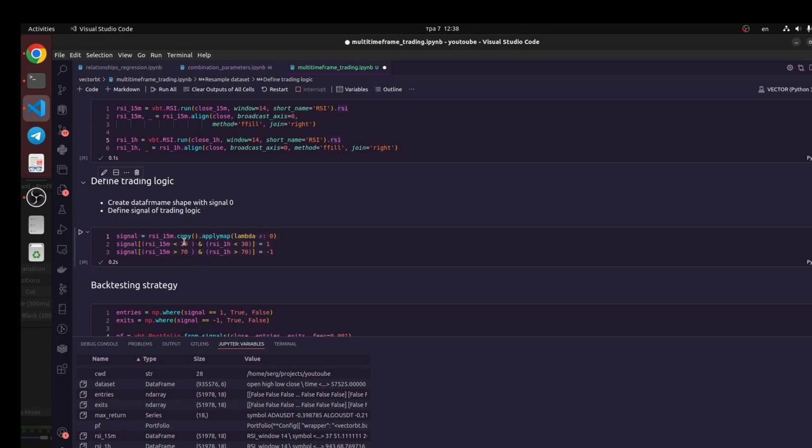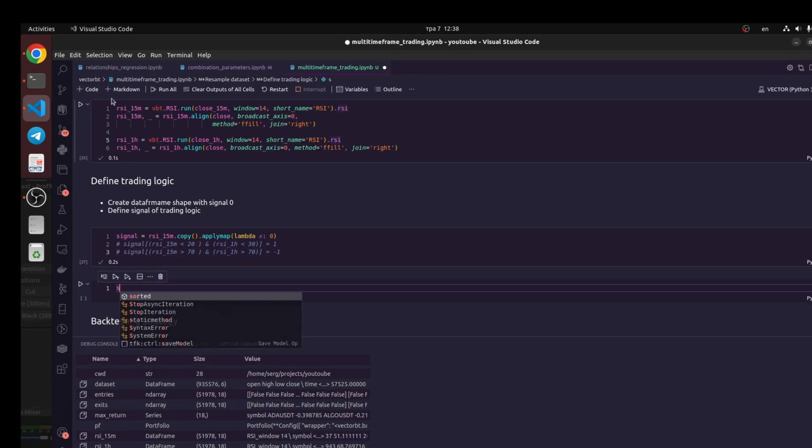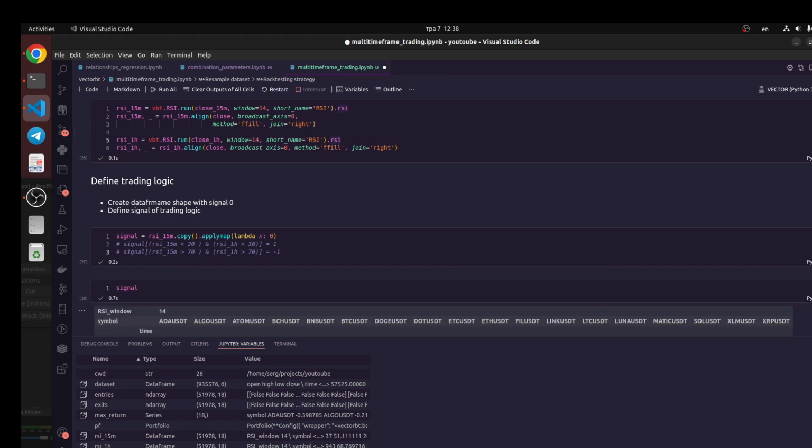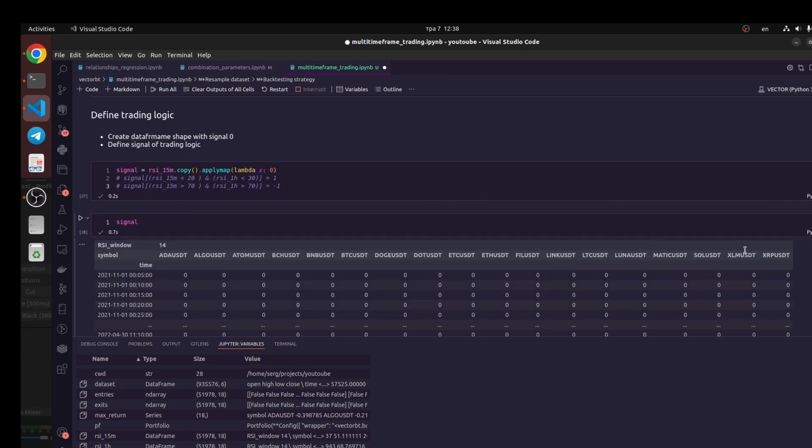So let's copy our dataset, and by default the signal would be 0. It means we should do nothing. Let's print how it looks, and you see we have the 0 signal.